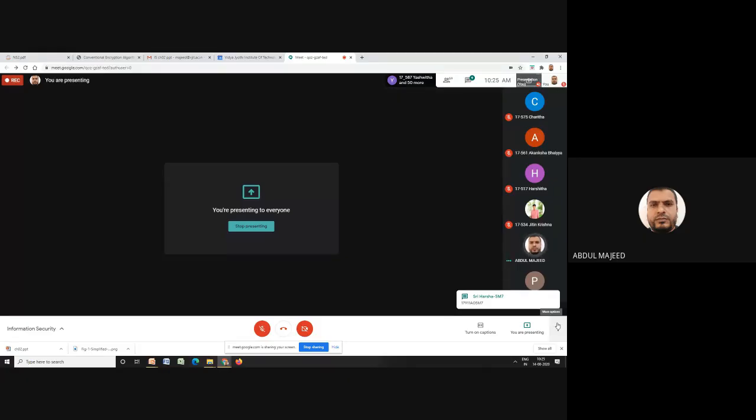That is called your keyword, and that key we need to keep secret and secretly transfer it to the receiver. Here we are adding the positions, and the receiver will subtract those positions and get the original text.